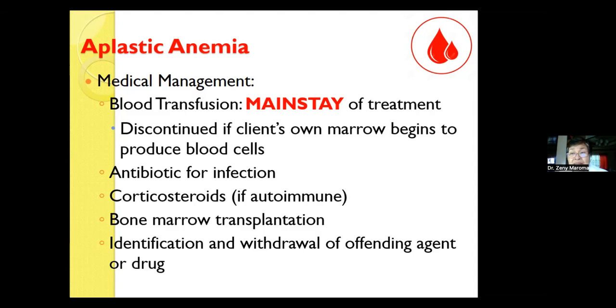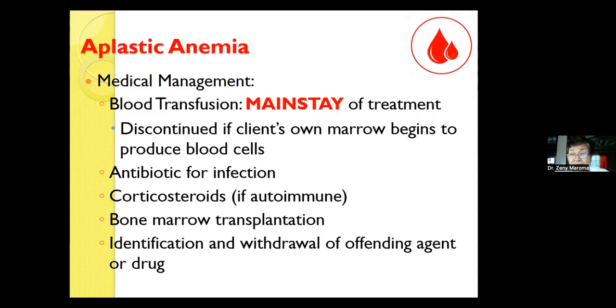But the client is at risk to develop infection, we have to place on reverse isolation. The drugs, immunosuppressants, corticosteroids, yung mga cytoxan or methotrexate are causing bone marrow suppression and depression.